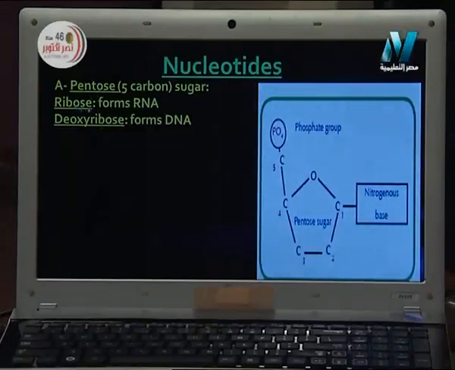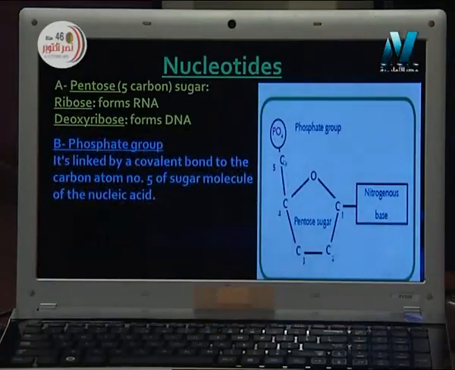Ribose sugar, we studied this word in the first lesson. Ribose sugar, simple type of sugar, monosaccharides. ده found in RNA, and deoxyribose sugar found in DNA. يبقى أنا عندي البنتوز شوجر منه كام نوع؟ 2 types, ribose and deoxyribose.